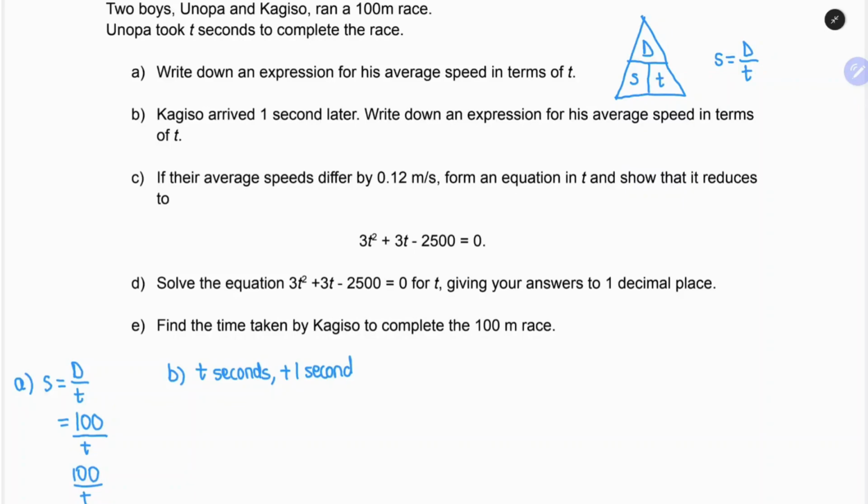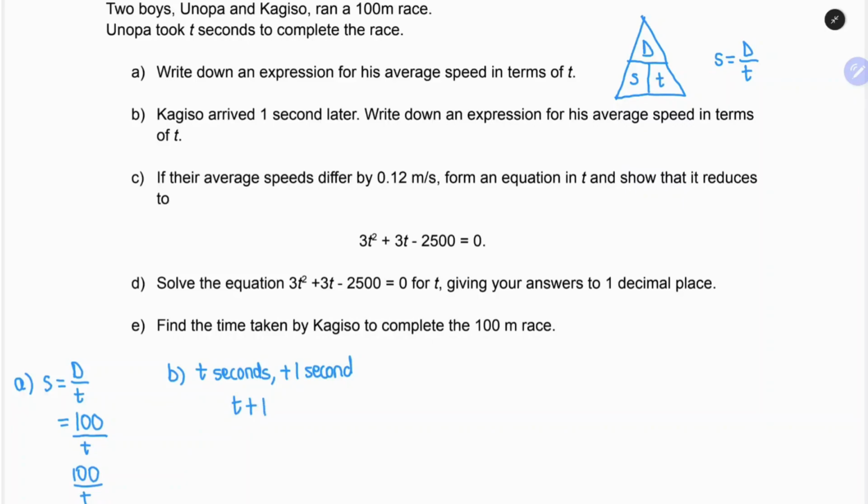If it took 20 seconds and it says that Kagiso arrived 1 second later, that means that Kagiso would have taken 21 seconds. So this is why we're adding 1 second. The same way with t, if Unopa took t seconds, we're going to add 1 second on top. So the expression is obviously going to look as t plus 1.